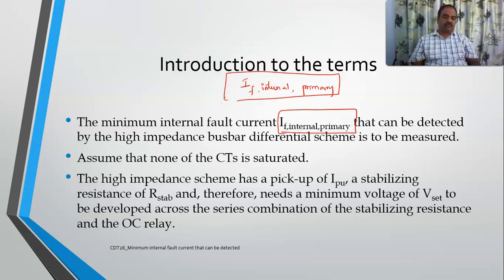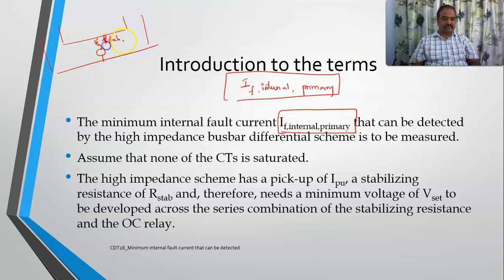First of all, let us assume that the CTs are not saturated and the high impedance, whatever the coils coming from here, there is a high impedance, and also a stabilizing resistance which is already present. I'll write it as R stabilizing, not to get confused with the secondary resistance.